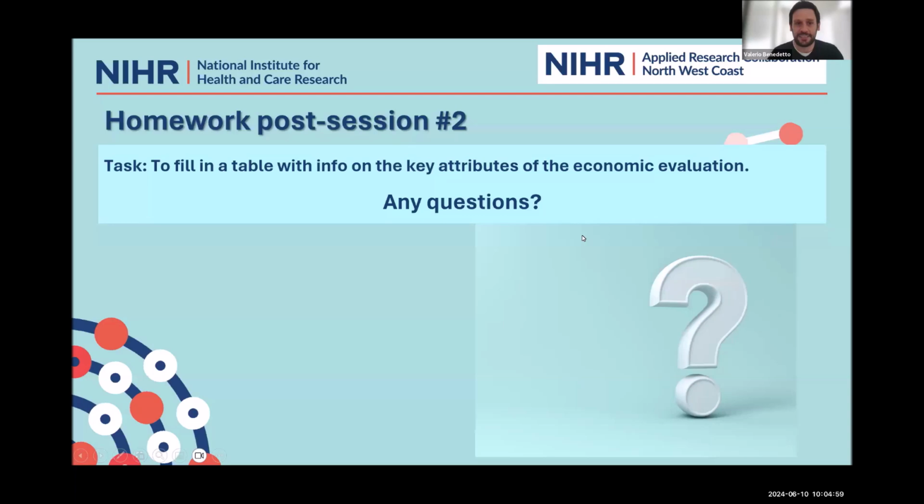Now, last week we gave you some homework, which was a table basically where you have to fill in some info on the key attributes of your economic evaluation. I know that it could be a bit challenging because unfortunately there's not a standardized way to report economic evaluation, or there should be, but not all the authors follow the standard way to report information about economic evaluation.